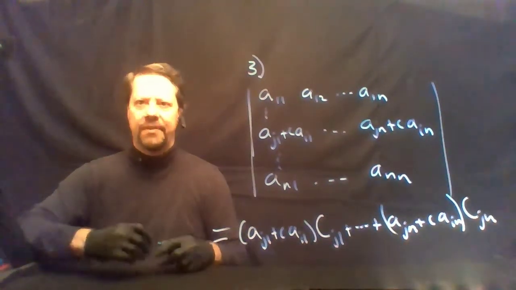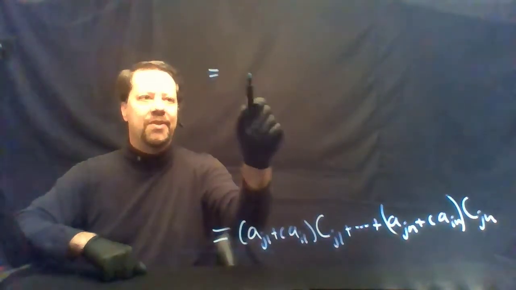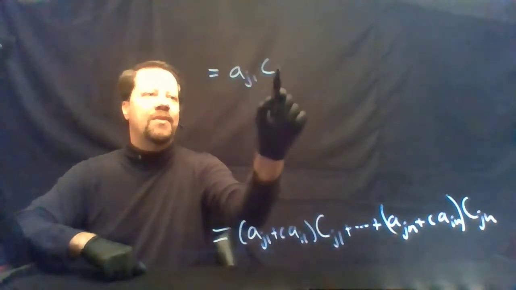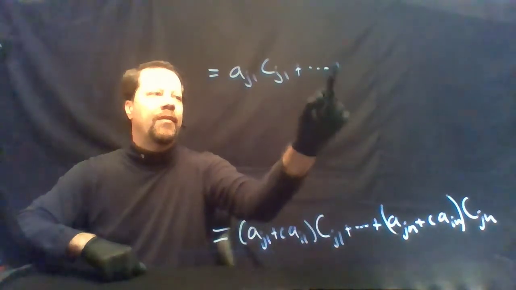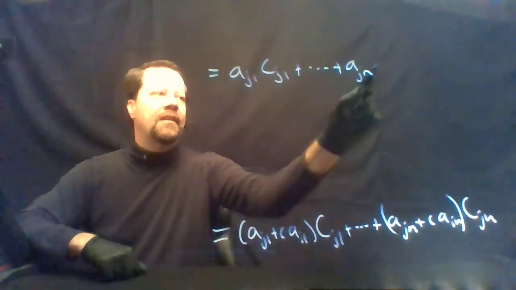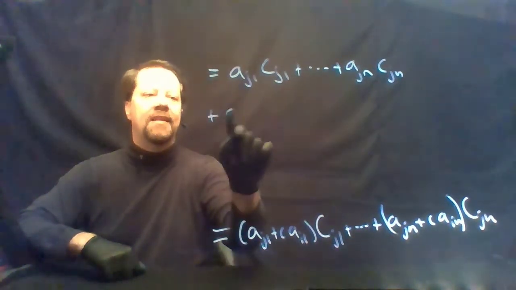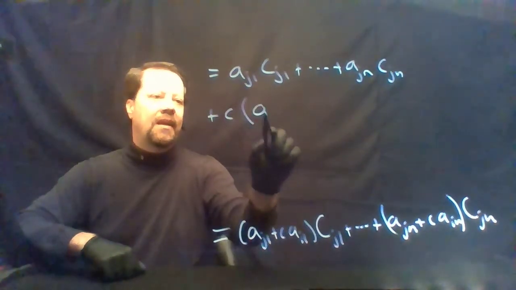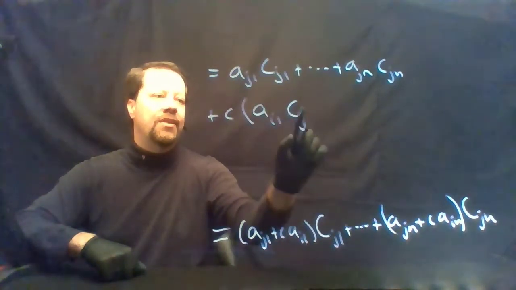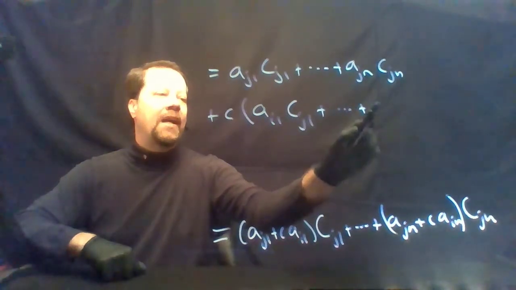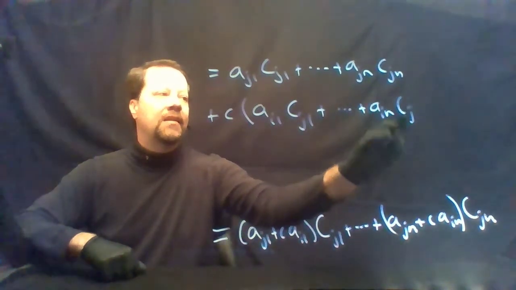We'll distribute. When we distribute, we obtain a_j1 C_j1 through a_jn C_jn, and then c times a_i1 C_j1 through a_in C_jn.